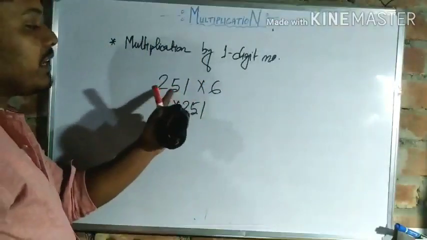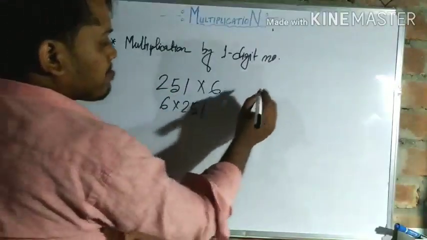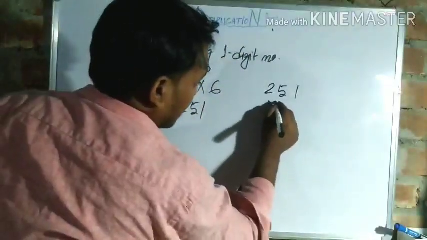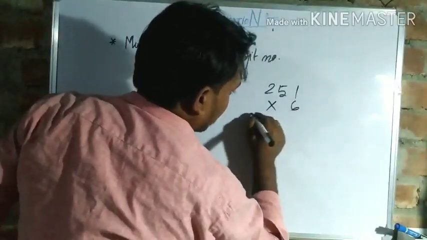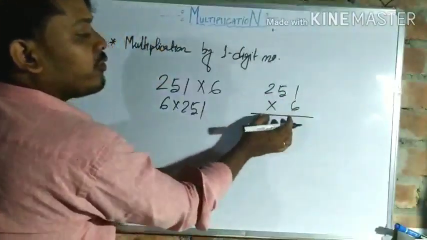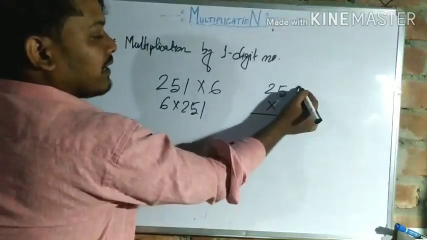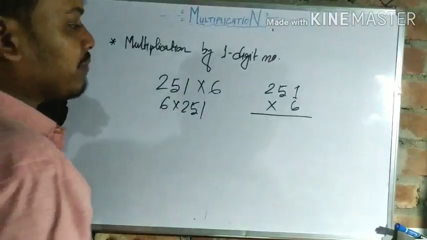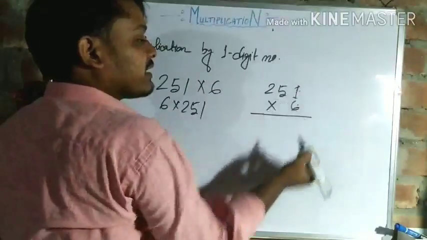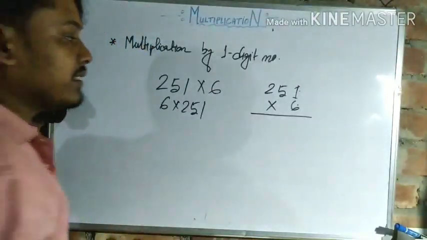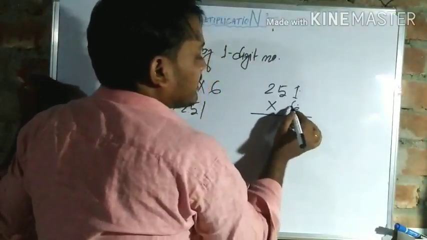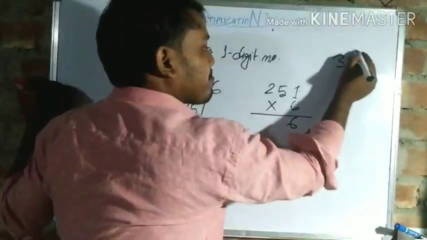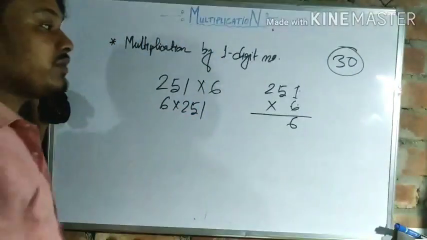First we write the bigger value. So 251 multiplied by 6. Write 6 in the lower line below the unit place digit. Then multiply, first 6 into 1. So 6 ones are 6. Then 6 into 5, 6 fives are 30.